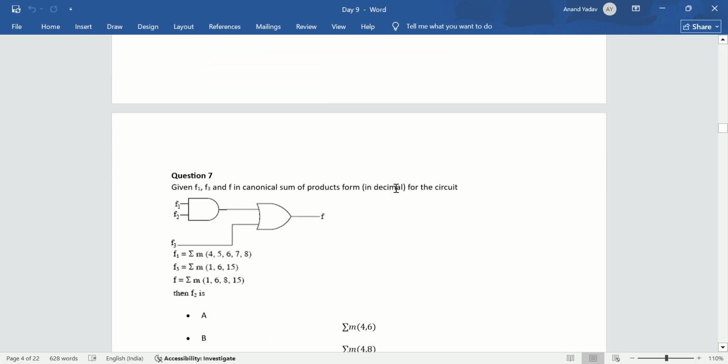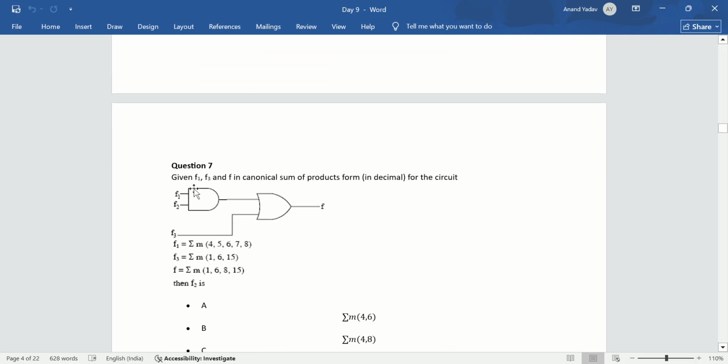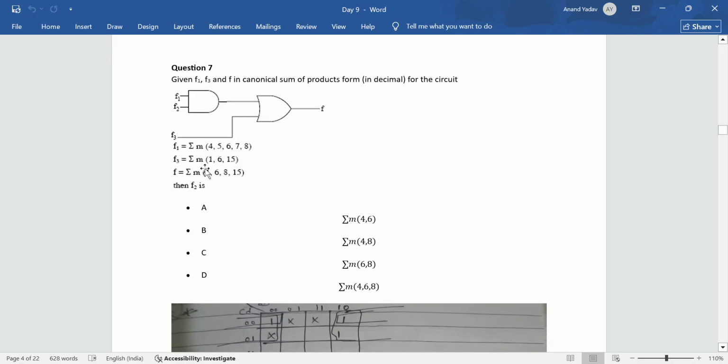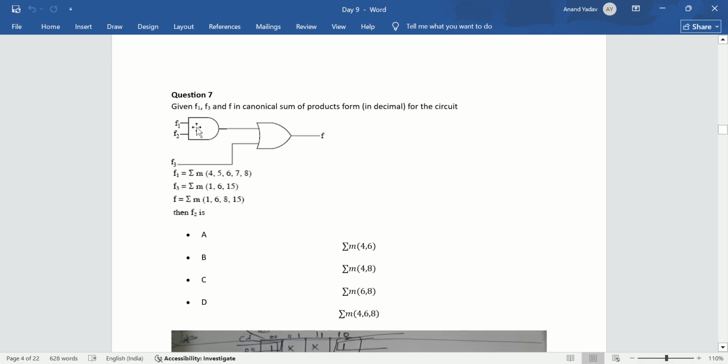Now next one is: given F1, F2 and F3 are canonical functions of products formed in decimal for this circuit. So for this one I will solve. Here F1 and F2 have an AND operation.